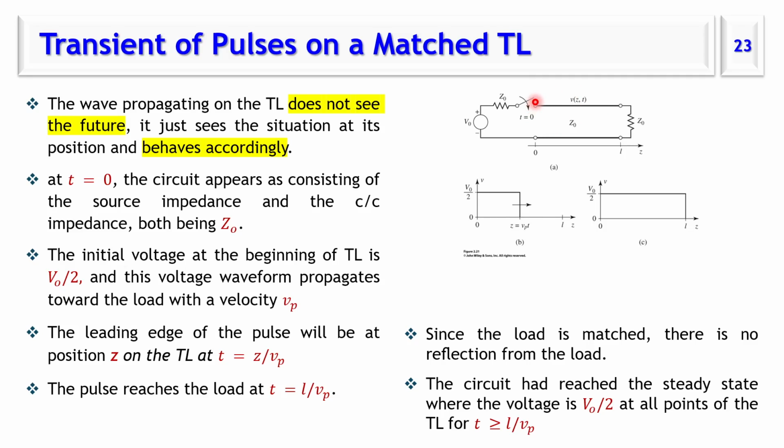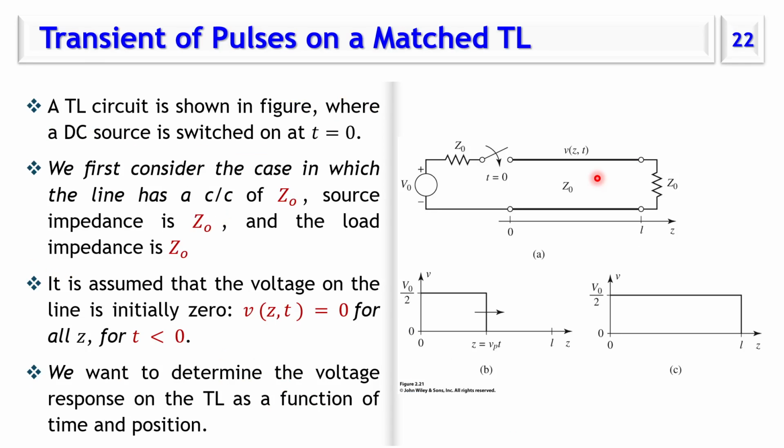Where did this Z input come from? Z input came from ZL and the length of the transmission line. As we did in the analysis before, when we talk about the reflection coefficient, we can calculate the reflection coefficient from transient analysis. So here we are doing this again.